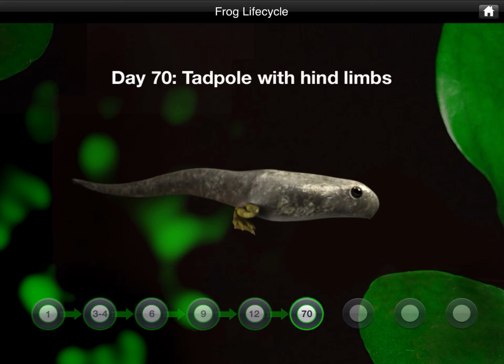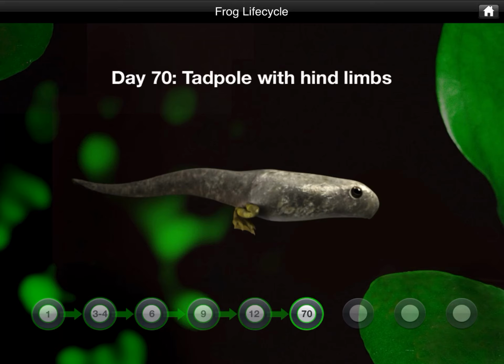At this stage, it's growing. This is at 70 days. So just think, in 70 days, you could grow a pair of legs. But something else that's growing inside this tadpole are lungs, because eventually it's going to become a frog.